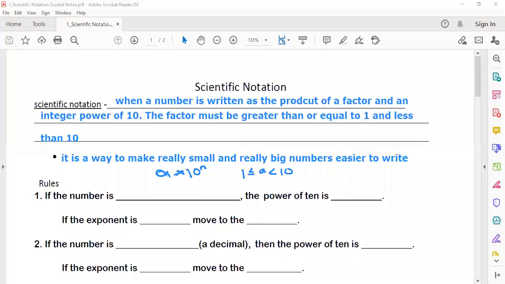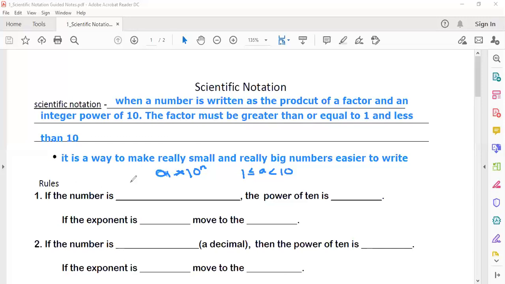So let's talk about our rules. What are our rules for scientific notation? So the first rule we have is when a number is blank, the power of 10 is blank. So if a number is what, the power of 10 is what? What do you guys think that's going to be there?